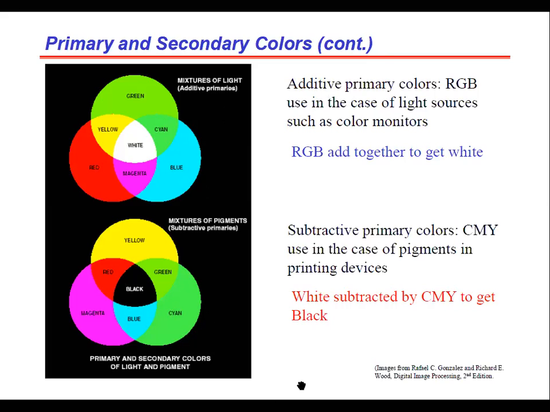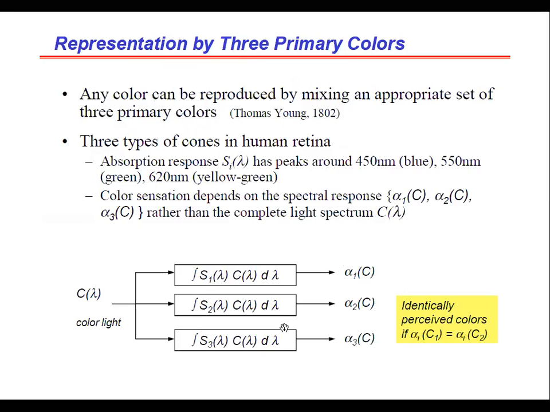But when it reaches the printer, it shall be in a subtractive format, where the entire equation changes. So remember the importance of this. Even for representation, colors can be represented by mixing an appropriate set of three primary colors.